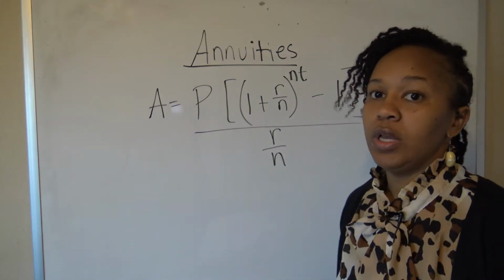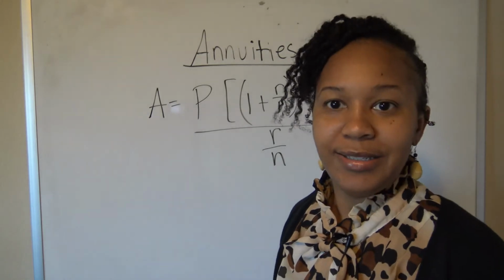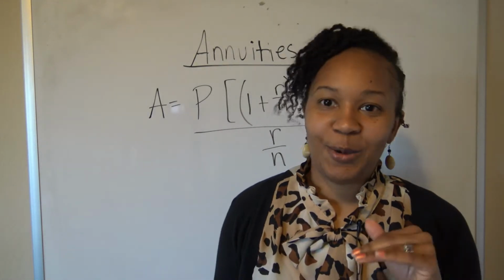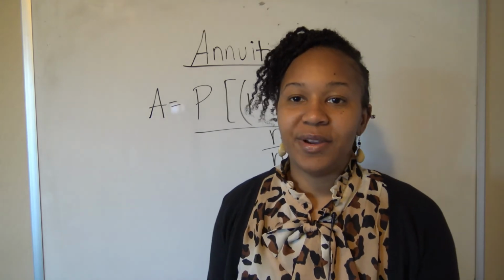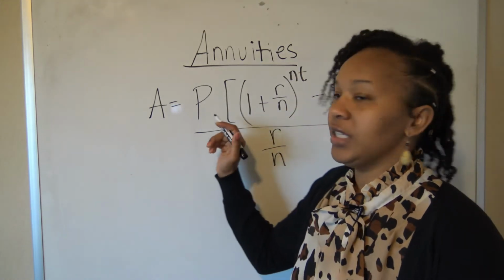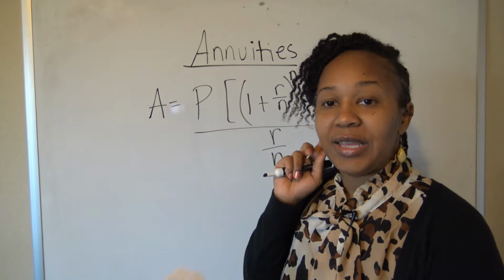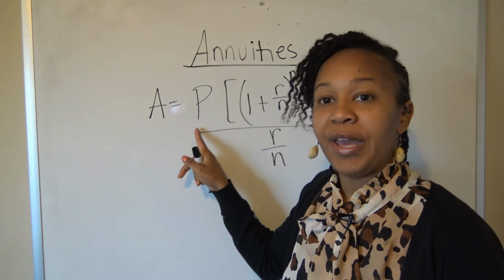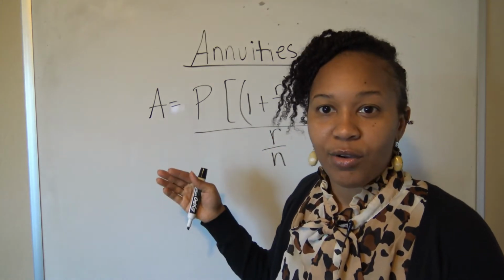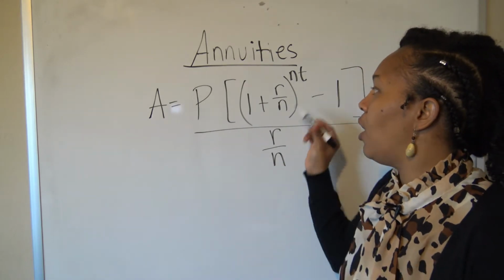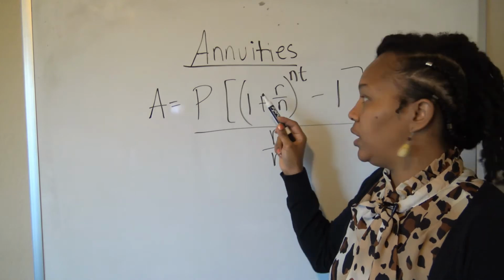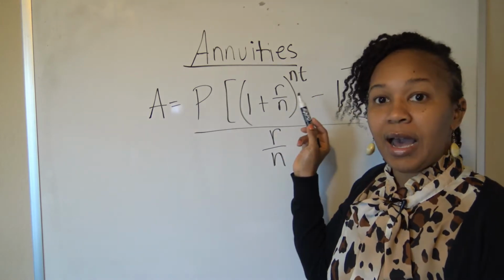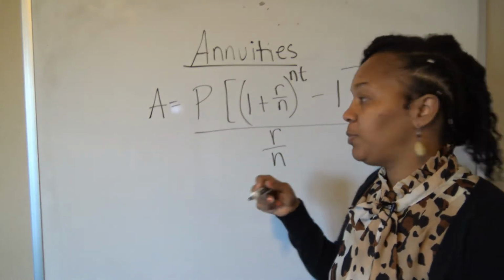Those R's, N's, P's, and A's are the same variables that we looked at in a previous video, but just in case you missed them: P represents the principal amount, or in this case, the payments. So how much are you paying each month, or whatever the time period is. R represents the interest rate, and you always convert the interest rate to a decimal. T represents the time in years that you're going to be making these payments.